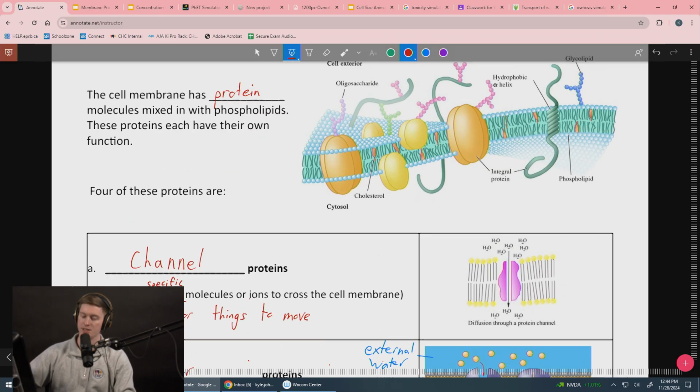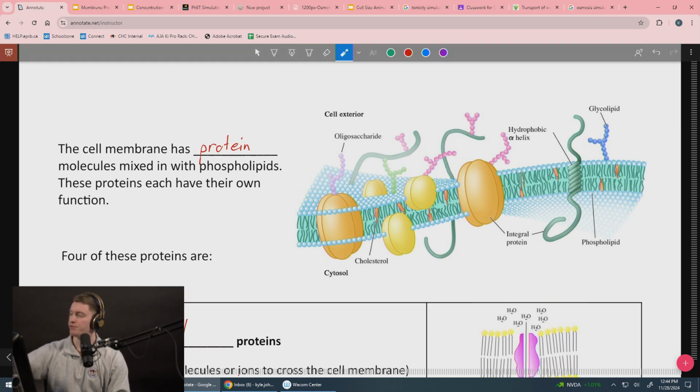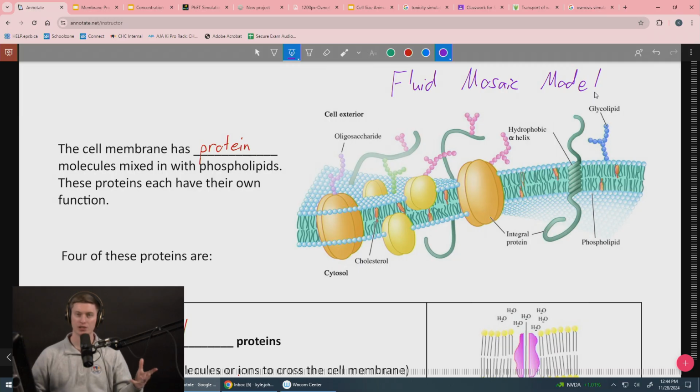Before we move on to the next page here, I want to take a look at this diagram at the top. Sometimes we call this diagram the fluid mosaic model. A mosaic is an image that's made up by a bunch of smaller pieces.